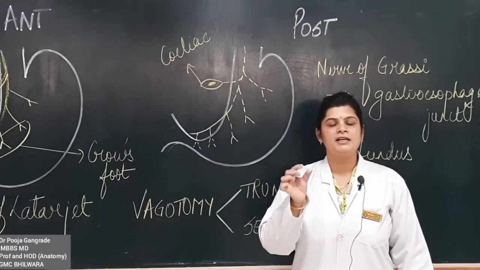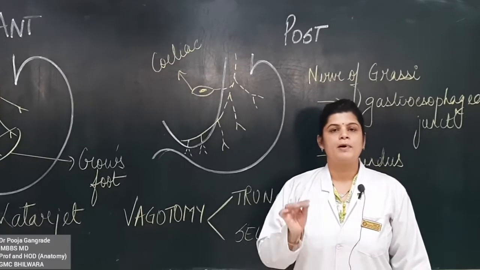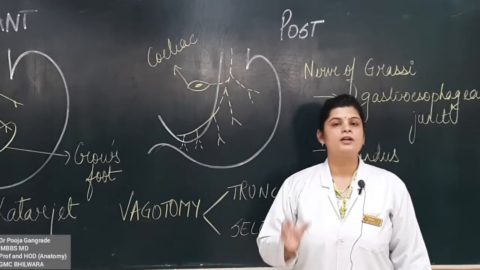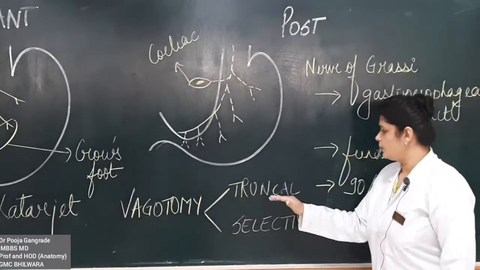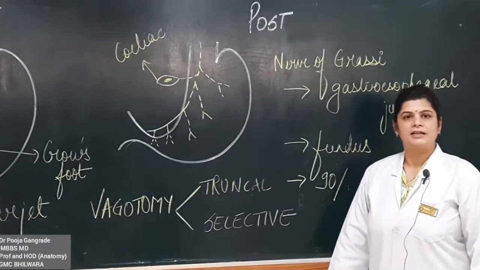So we only cut a small part of the nerve which is supplying the particular part. We are not cutting the whole trunk. So earlier we used to do a truncal vagotomy. Now we do selective vagotomy.